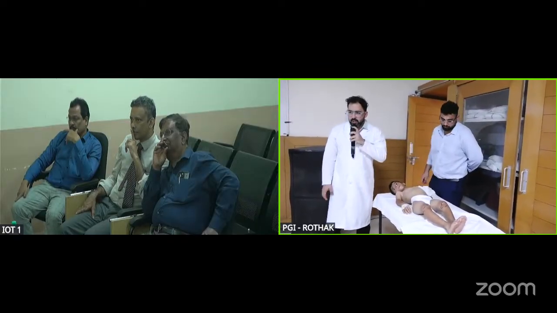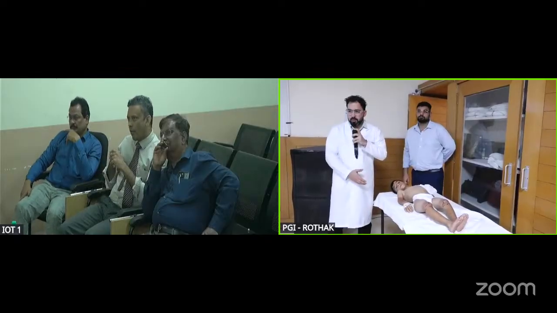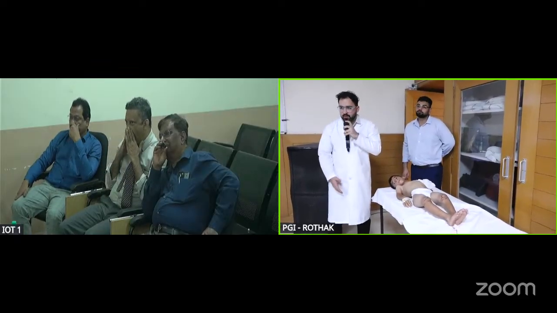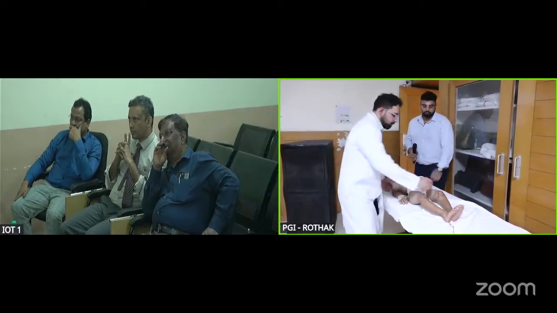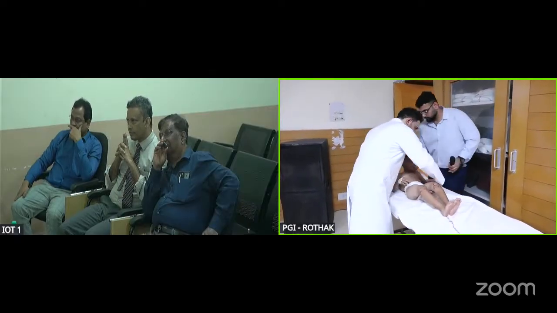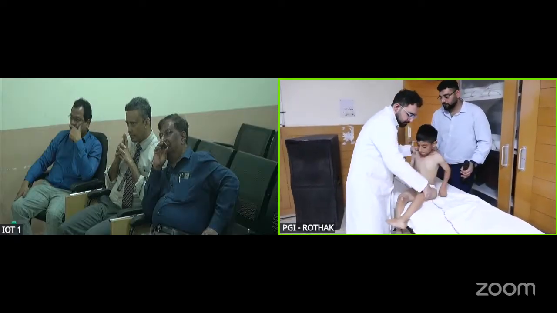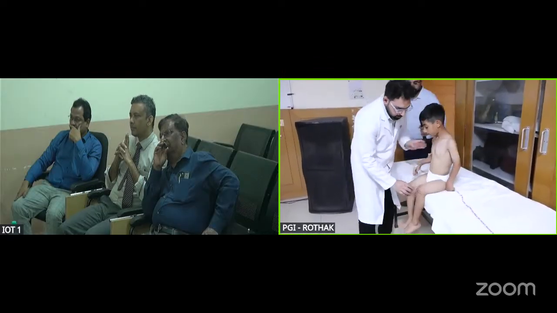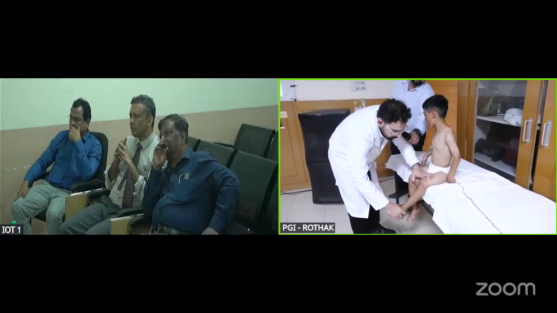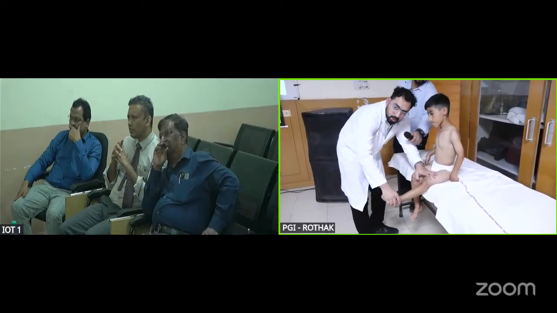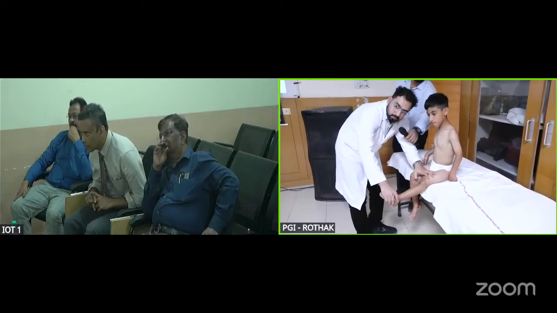Flexion deformity at the hip also. So I would like to make the patient sit and check on the side of the table. Do it. I cannot fully extend further. Extension is not possible. Yes, sir.